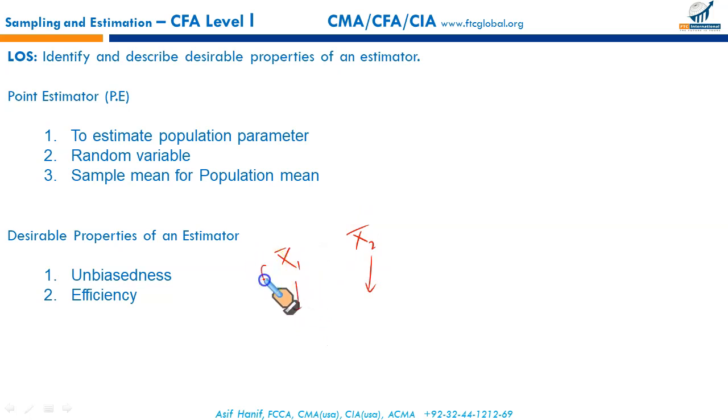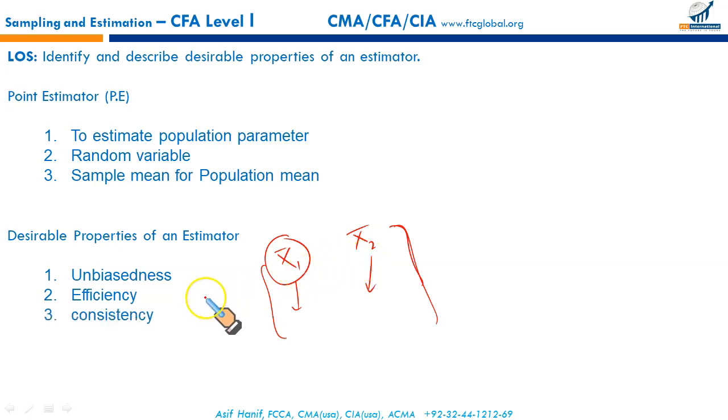Let's say this one has a larger variance than this one. So we would prefer that point estimator with smaller variance, because this means it's more precise in statistical terms. So we need less variability in our point estimate. More variability means that it will give us imprecise results.